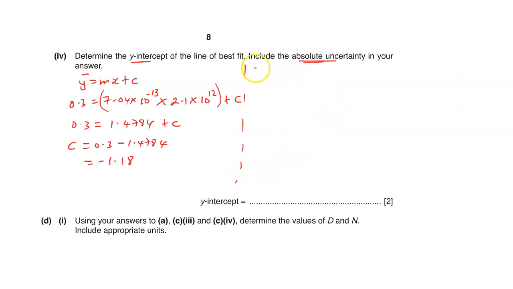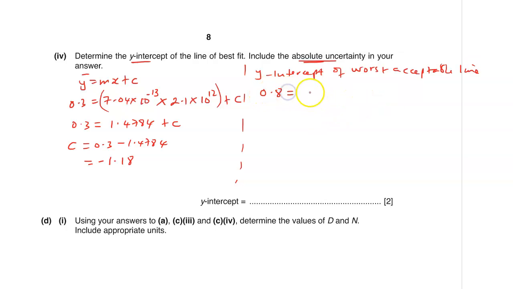To find the absolute uncertainty for our y-intercept, we need to find the y-intercept of the worst acceptable line. We find that y-intercept, and then we find the difference. That will give us the absolute uncertainty of the y-intercept. So pick 2 points on that line as well.